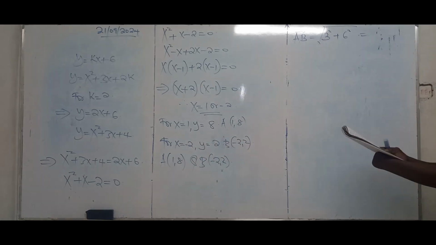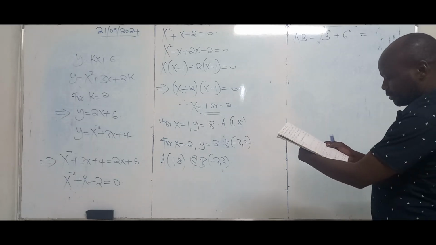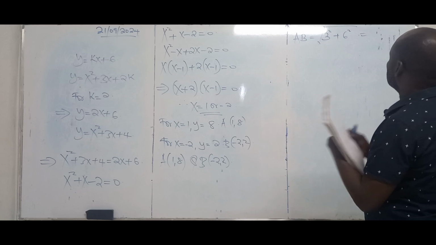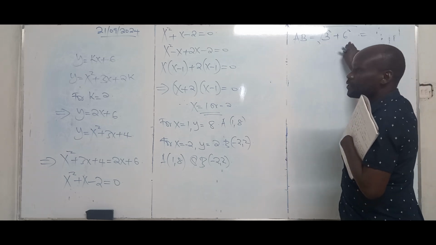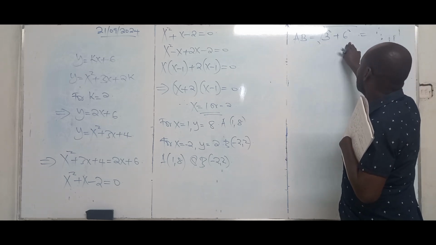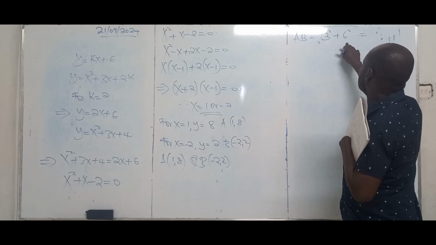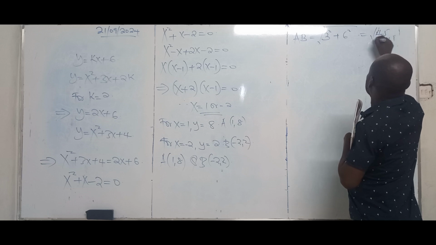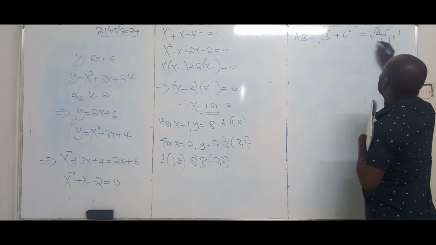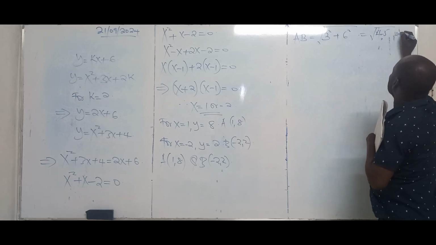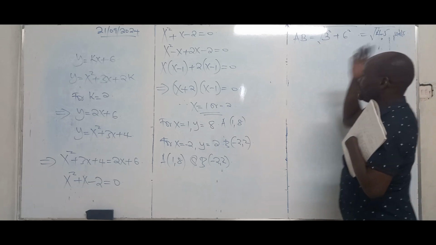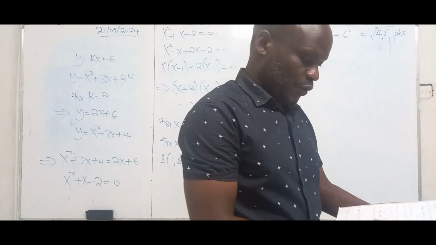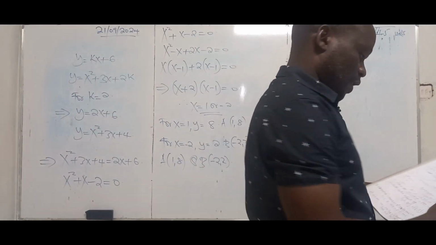So this is 9 and this is 36, so 9 plus 36 is 45. We have the root of 45 units. Could be kilometers or whichever way we choose to measure it. So it is a root of 45.